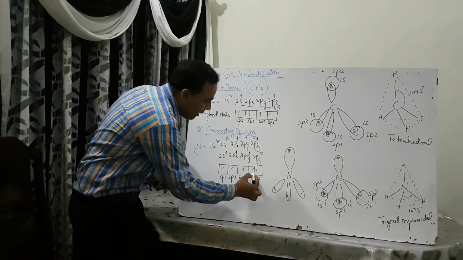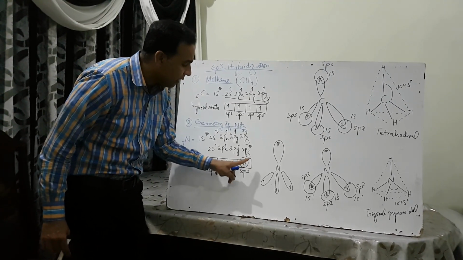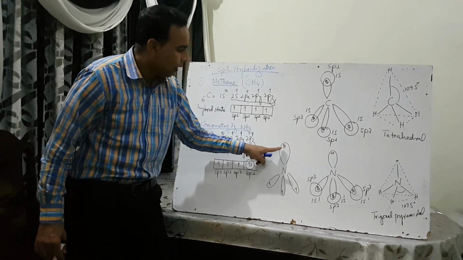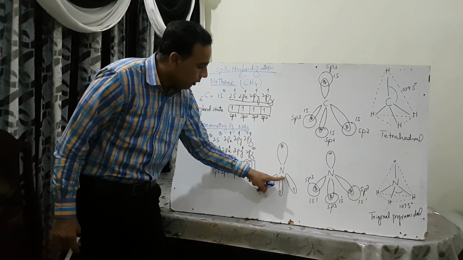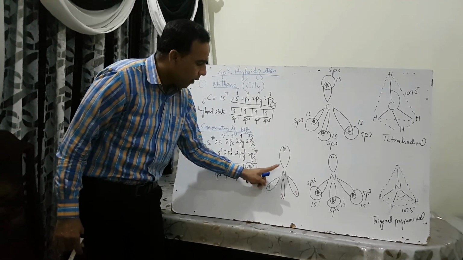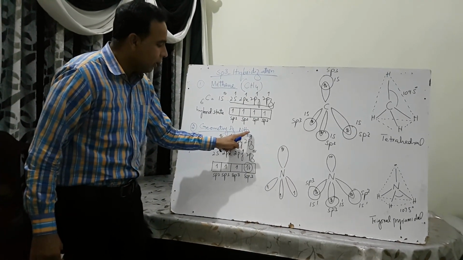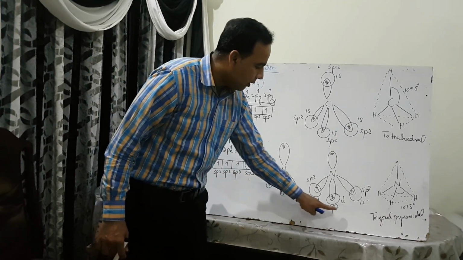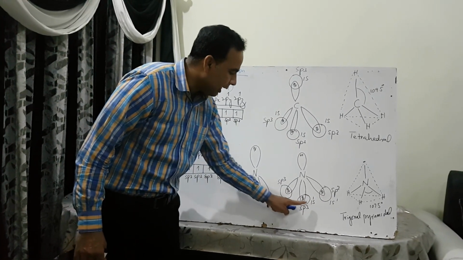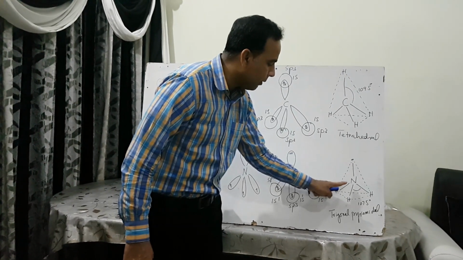In ammonia, the lone pair will be present on the nitrogen atom. These are the 4 hybridized orbitals of ammonia, and when nitrogen combines with the 1s1 of hydrogen, sp3 hybridized orbitals are produced, and its structure becomes like this.